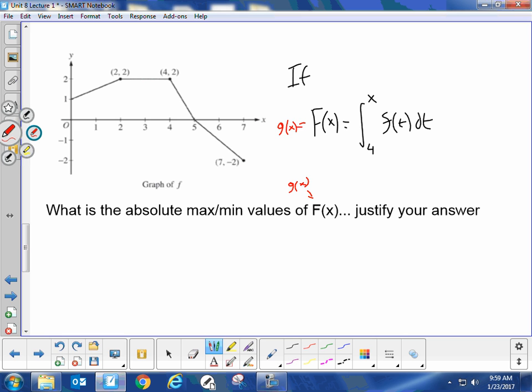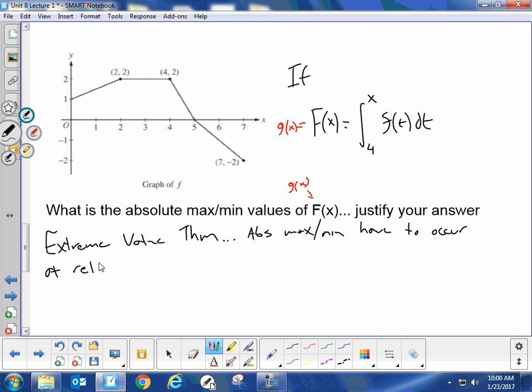Right. It's called the extreme value theorem. Remember from optimization, the extreme value theorem. We have candidates for absolute maximum locations. Absolute max slash mins have to occur at relative maximum locations or the endpoints.